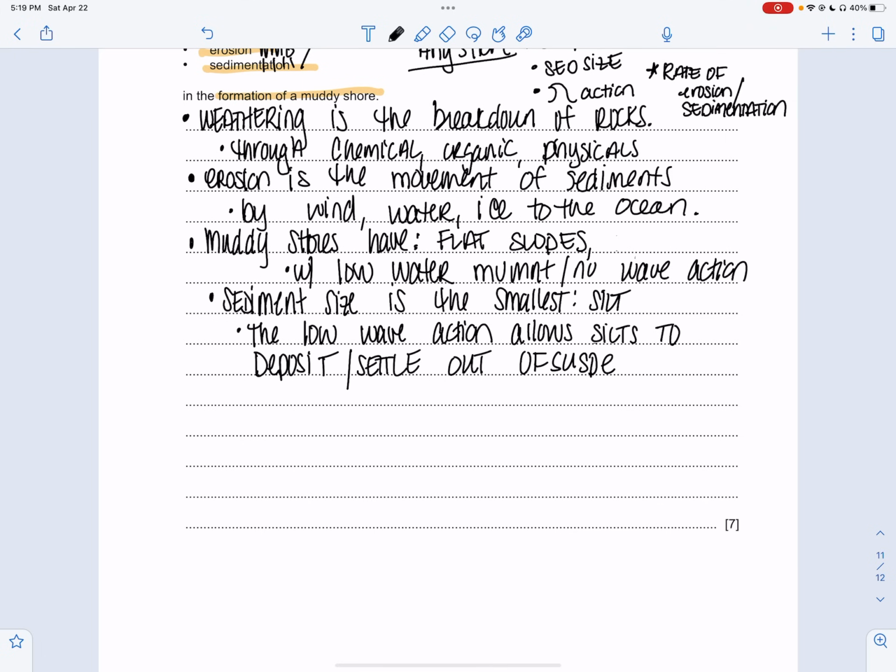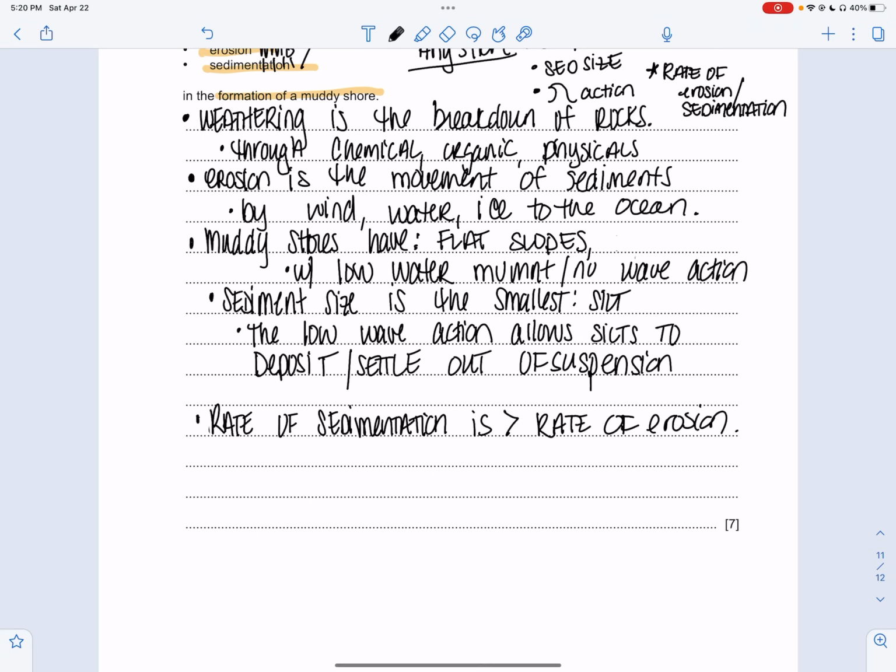But honestly, it's better if you say it allows them to deposit, because that should be a vocab word for you, deposition. And then the rate, greater than the rate of erosion, which means sediment is settling, depositing on itself more than it is being moved.